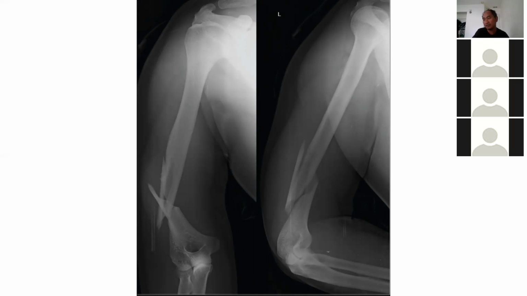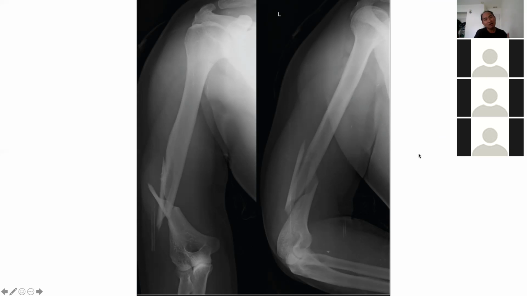So that is a nerve injury from the fracture, not because of your medical intervention, and you have to document it. Otherwise, when the law comes, we don't know where to start.